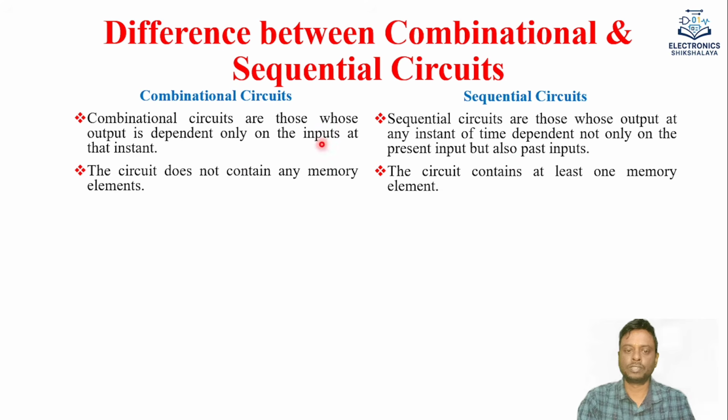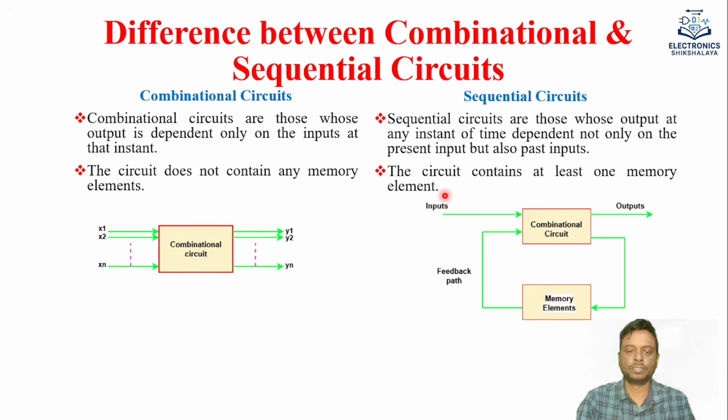A combinational circuit does not contain any memory or storage elements, whereas a sequential circuit contains at least one memory element, so it has storage capability. This is the logic diagram of a combinational circuit, where it takes the inputs x1 to xn and produces the outputs y1 to yn depending upon those inputs.